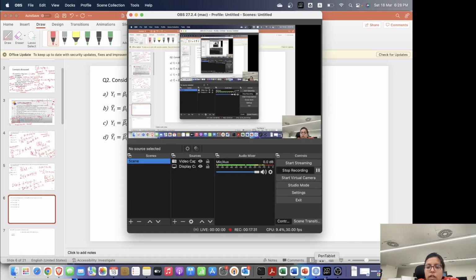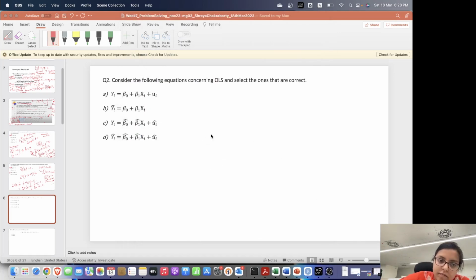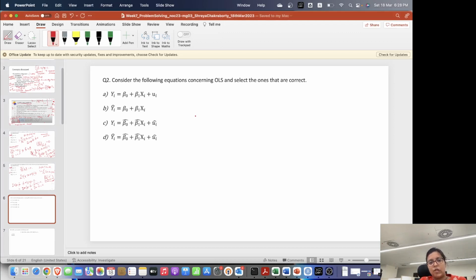Okay, so which of these do you think is correct? If we just check the first one, yi equals beta naught plus beta 1 xi plus ui.